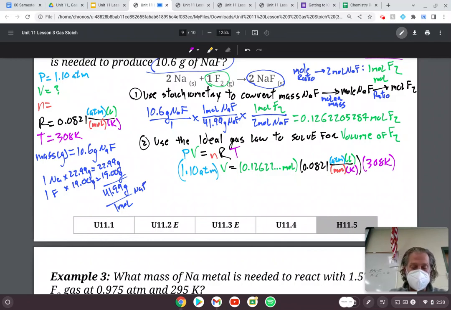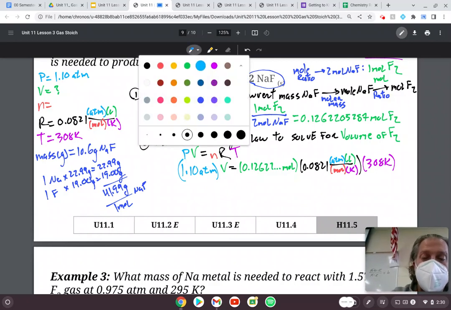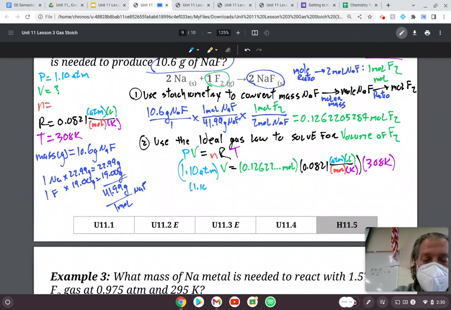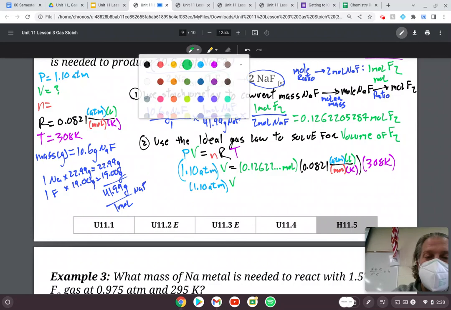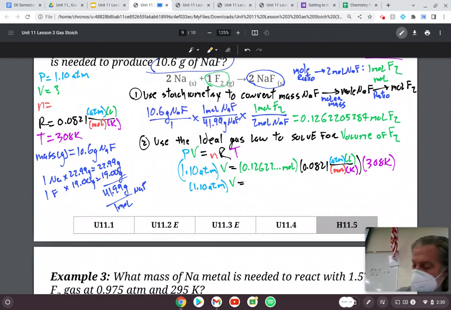So my 0.126 times the 0.0821 times the 308. So to rewrite what I have here, I've got the 1.10 atm times volume equals, it's like 3.191713, and so moles have canceled out and Kelvin has canceled out.